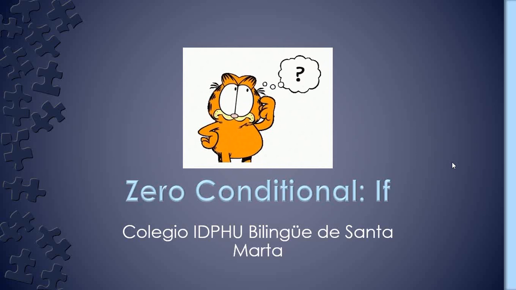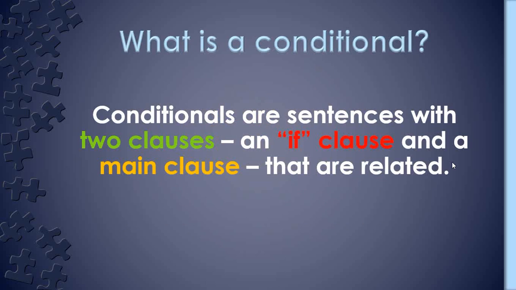Today we are going to learn about the zero conditional if. The first question that we have is, what is a conditional? Well, conditionals are sentences with two clauses, an if clause and a main clause, and these two clauses are related.